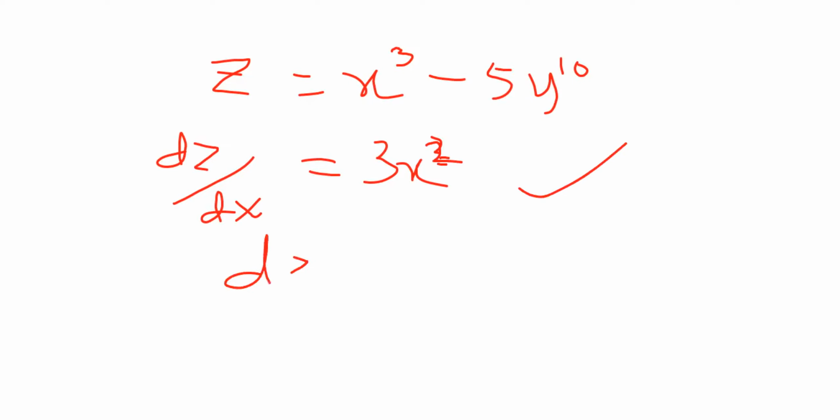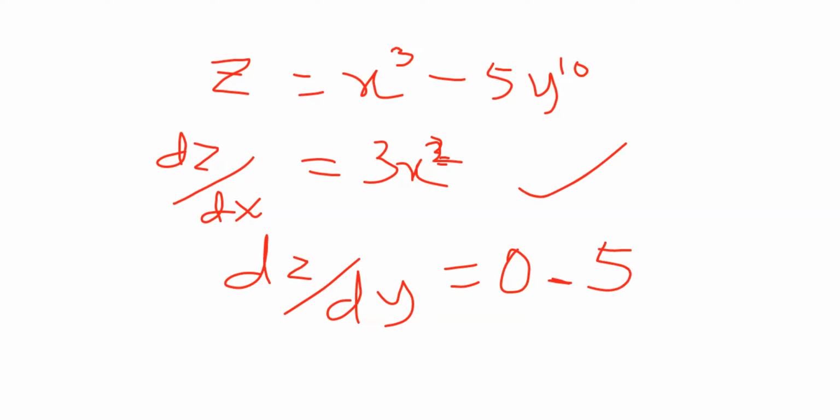The other one, the z over dy, this constant is 0. This one, because there's a y there, becomes 50y raised to power 9, Abby? Yes. So the final answer is minus 50y raised to power 9. You must work on this thing. Seriously?